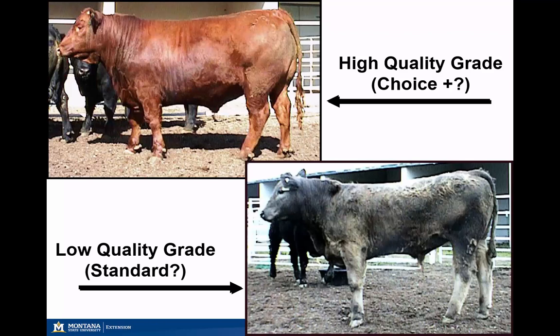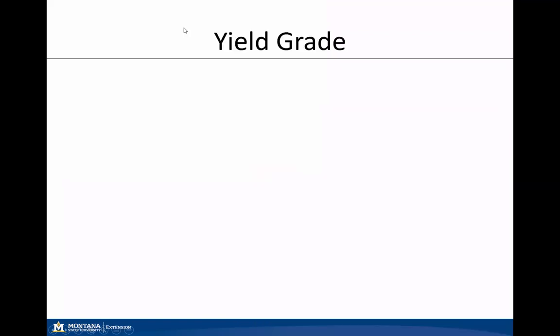So that's one thing to keep in mind. We won't know the quality grade of this animal unless this animal is harvested, or ultrasound technology is used to estimate his quality grade based on his marbling score.